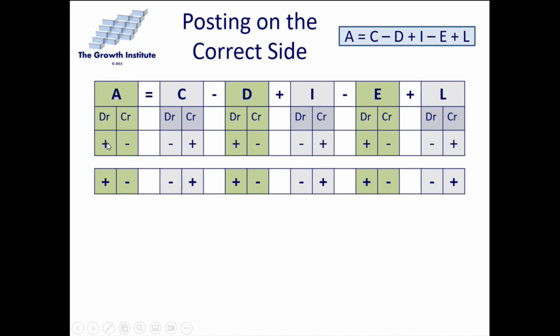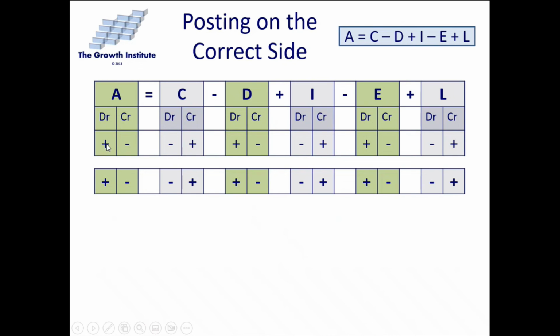And then I start with plus, and I simply go plus, minus, minus, plus, plus, minus, minus, plus, plus, minus, minus, plus, and then I know that I am going to be able to record the transactions correctly. At some point, it becomes second nature, but when you are starting, it's actually a good idea to draw this little graph here, so that when you have a transaction, you can see whether you are going to debit or credit the transaction and whether it is going to increase or decrease. That's what the plus and the minus is for.